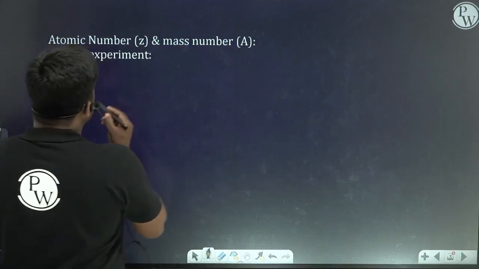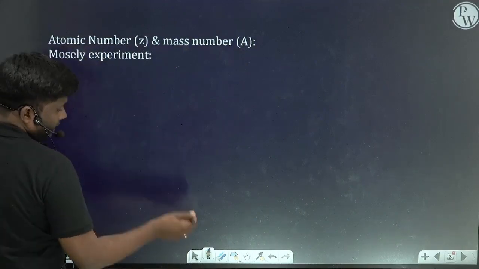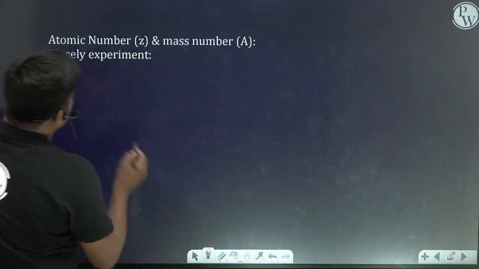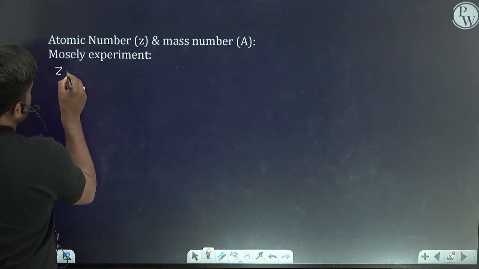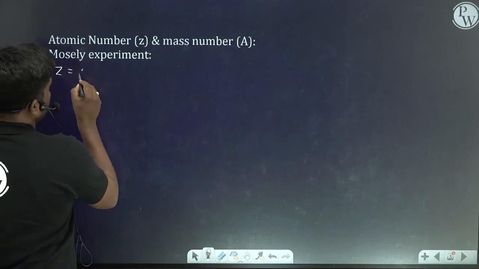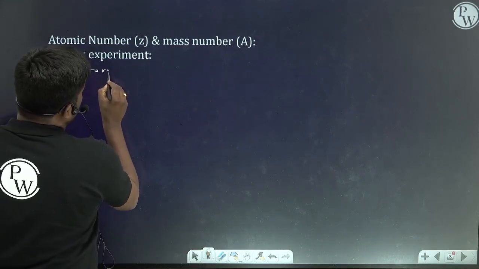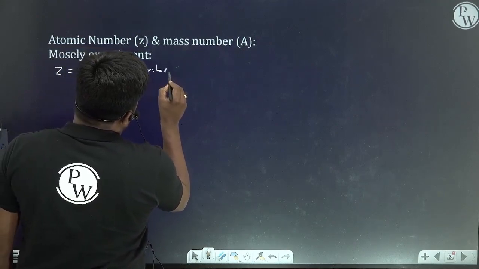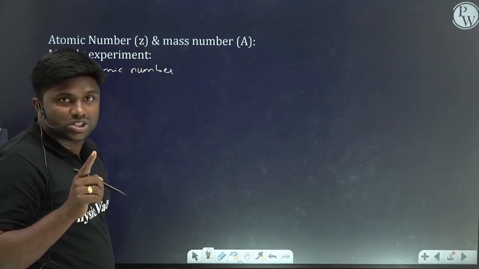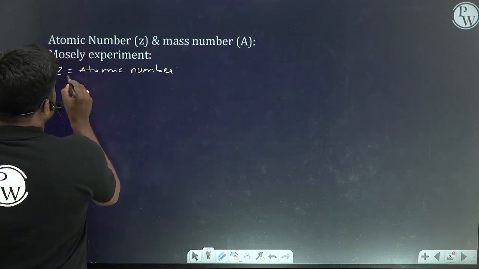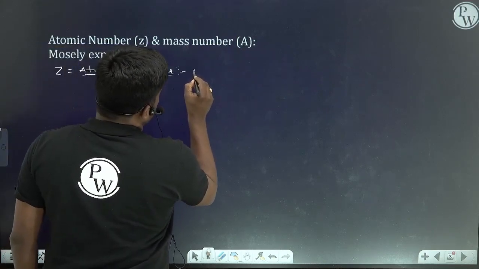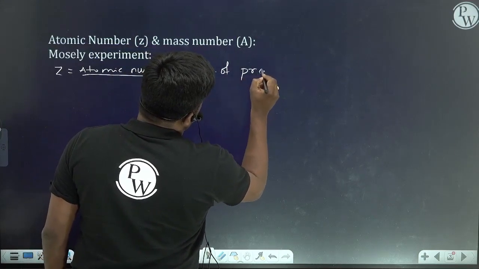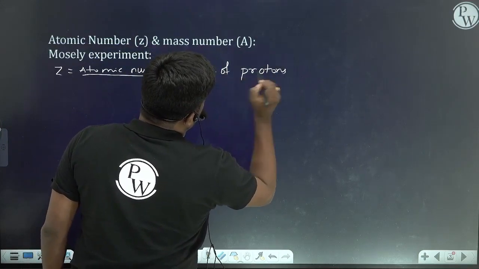Atomic number is indicated with the letter Z, right? So Z is atomic number. What do you mean by atomic number generally? Atomic number is the number of protons in an atom.